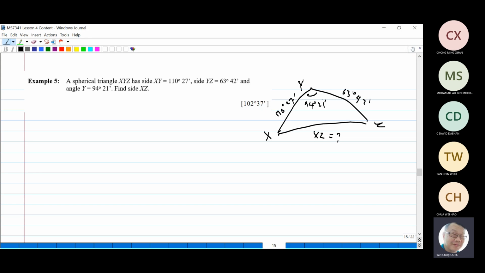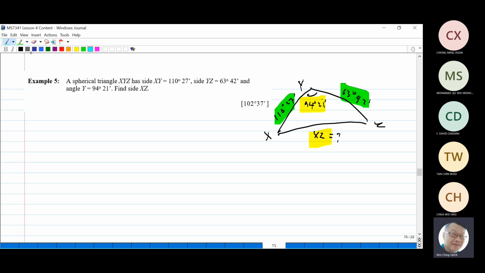So I'll use the color code first. I want to find XZ here, so XZ is yellow. And this is 110, and this is the green color one. So apply a formula now.